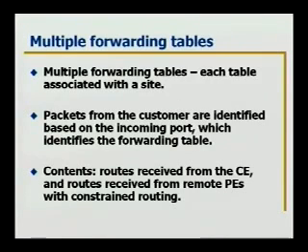So packets from a customer are associated with a particular table based on the interface on which they arrive. And the contents of these forwarding tables are routes received from the CE and also routes received from the remote PEs.